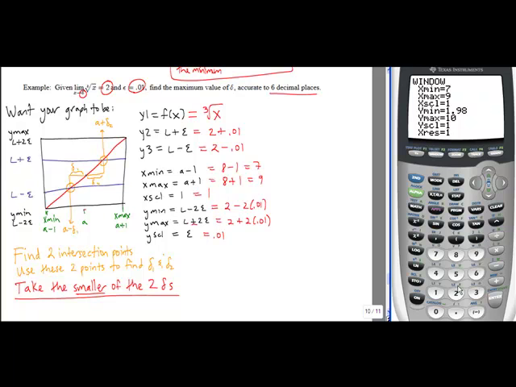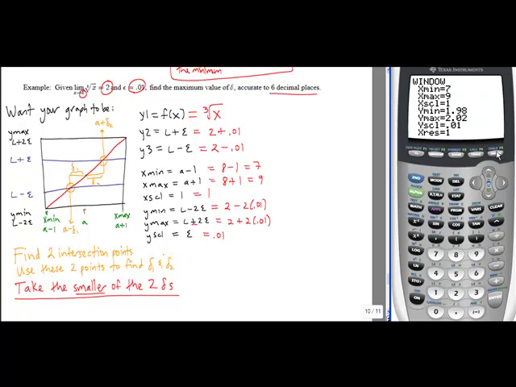And then in y max, I'm going to do 2 plus 2 epsilons. It's just so that I have good space to see a little bit above and a little bit below my limits. And then finally I'm going to change that y scale to be epsilon, so 0.01.